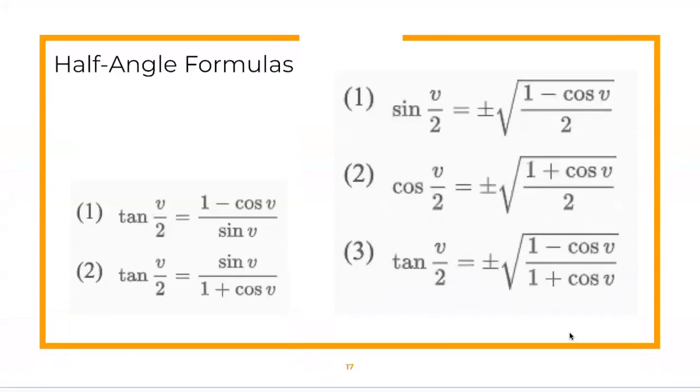And so here we go. Here are the half angle formulas. Okay. So there's one for sine, one for cosine, and then there are 3 variations for tangent. And again, as we go through the problems, it's going to be nice to figure out, okay, here are all 3 in front of me.